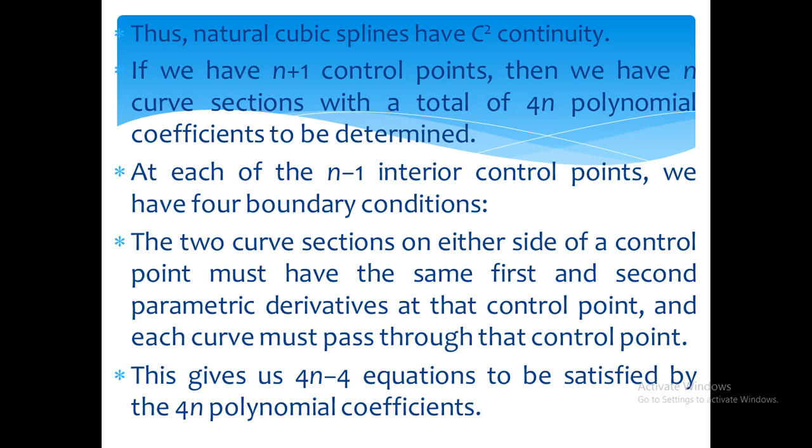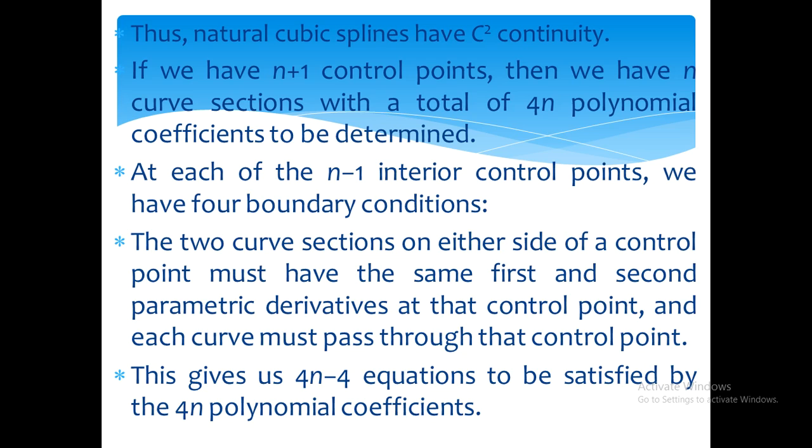At each of the n minus 1 interior control points, you carefully go through these lines, we have 4 boundary conditions. That is first order and second order, 2 each. Definitely at each interior control point we have 4 boundary conditions, right?